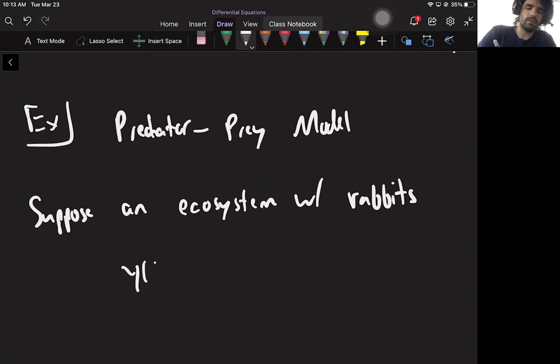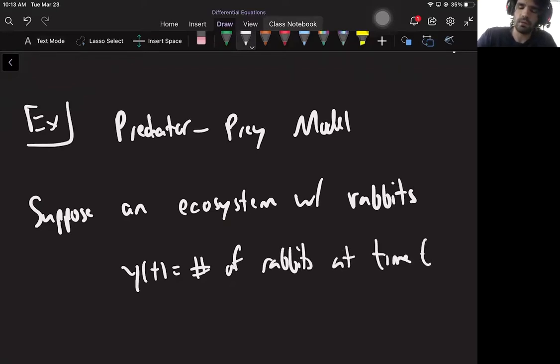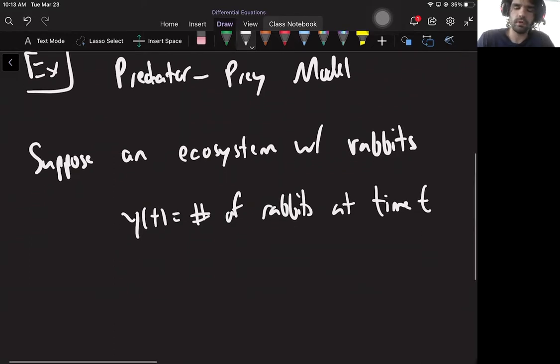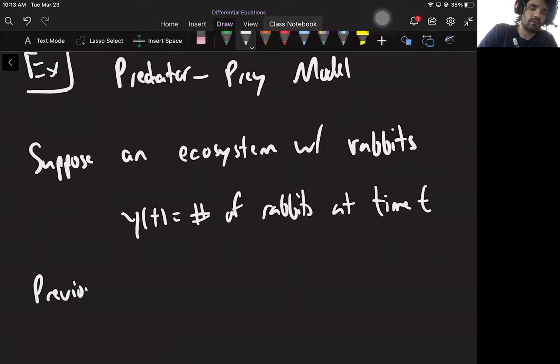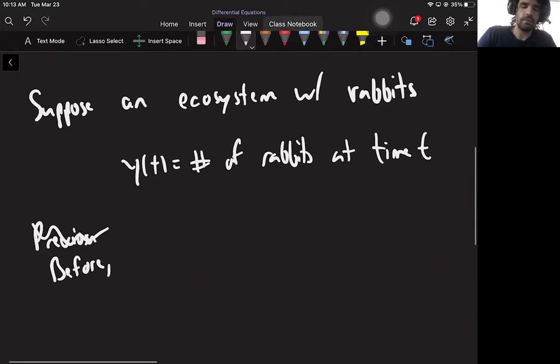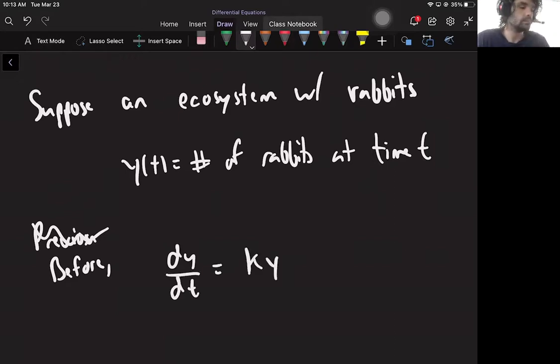And so y of t will be the number of rabbits at time t. And previously, you might say how fast they grow. So before, we might have said that dy/dt was proportional to the number of rabbits currently there.